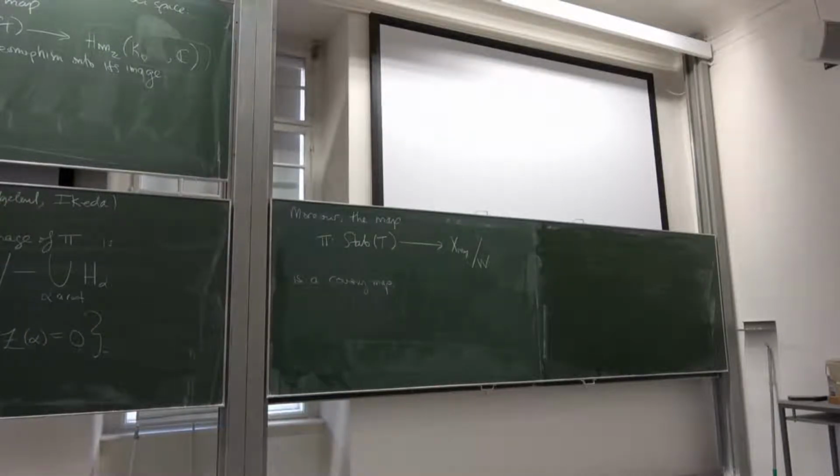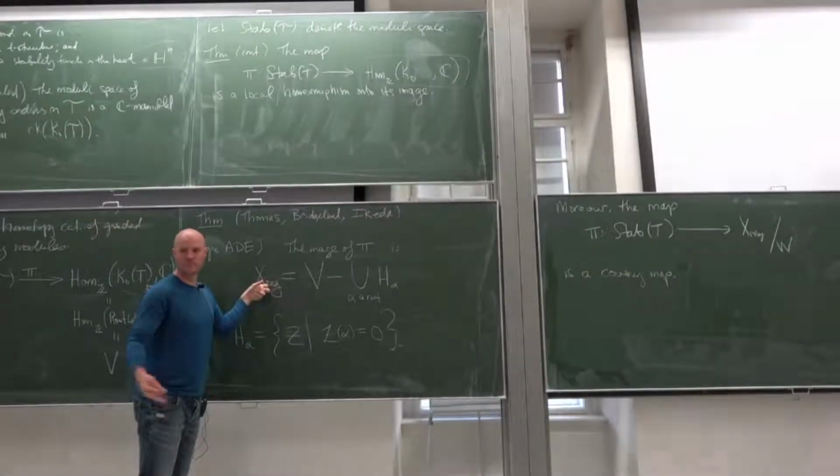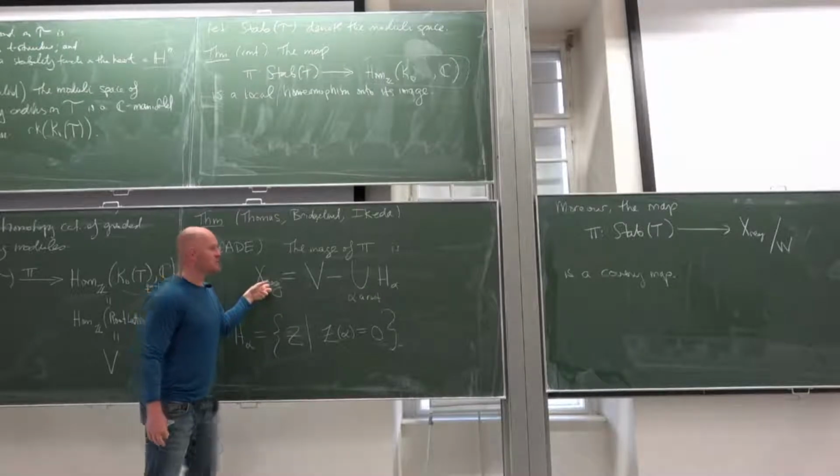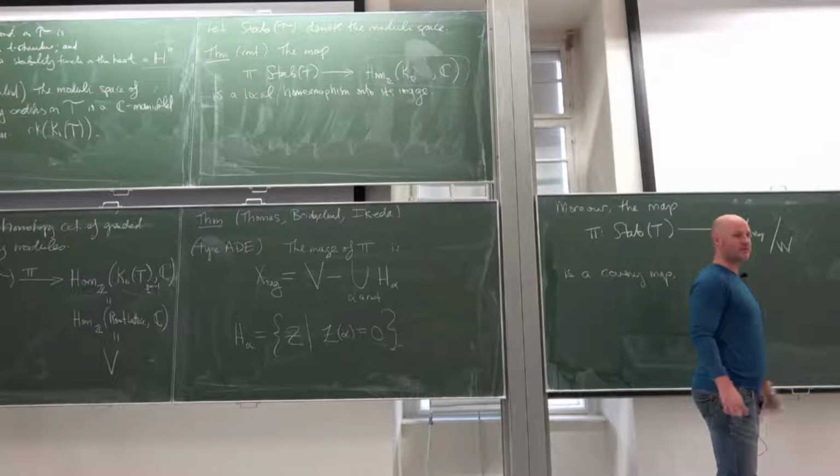So we have this local homeomorphism here. The image is exactly this space. The Weyl group acts on this space. So you get a map to this mod W, just the mapping to the W orbit. And this map is a covering map.